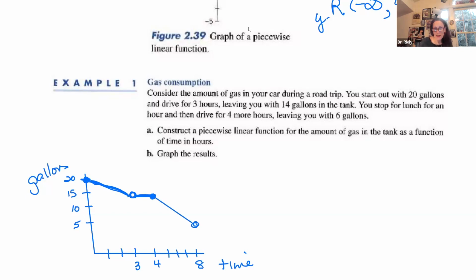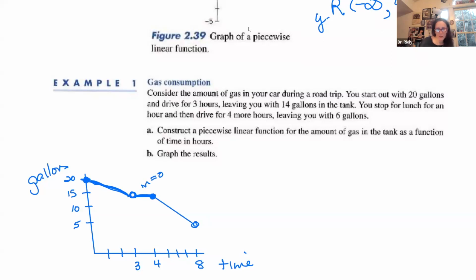Okay, so it's not as fancy as the other one where we had a definite equation, but yet you can see that you don't have a linear function. You have 3 unique linear pieces, and one of which has a slope of 0, right? Because you're not burning any gas.